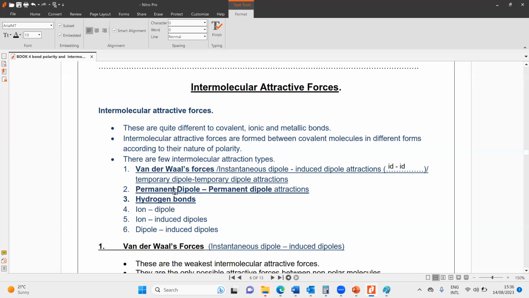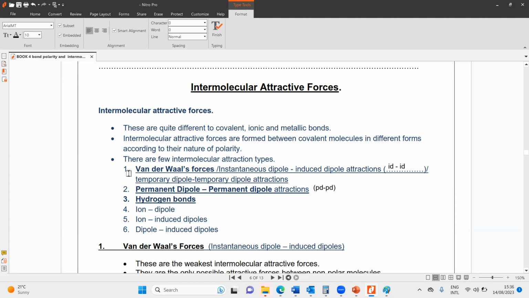Second one is permanent dipole. You can open up a bracket over here and write permanent dipole attractions, PD. Earlier ID, now PD, permanent dipole attraction. And we have hydrogen bonds.